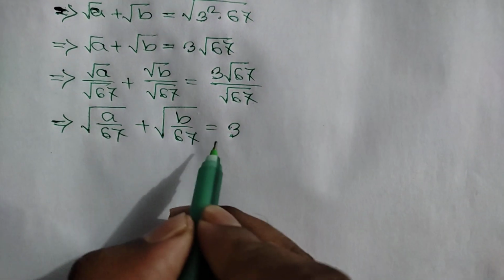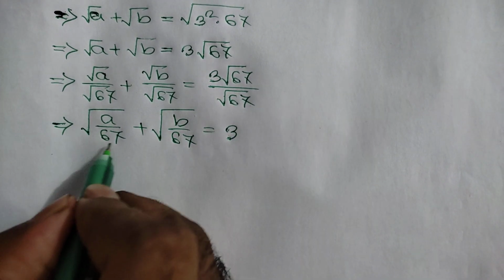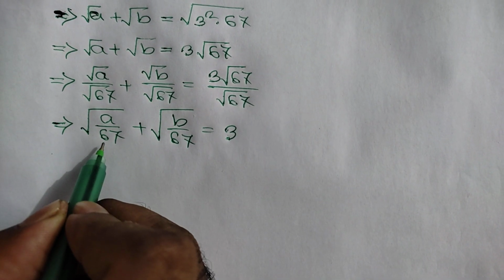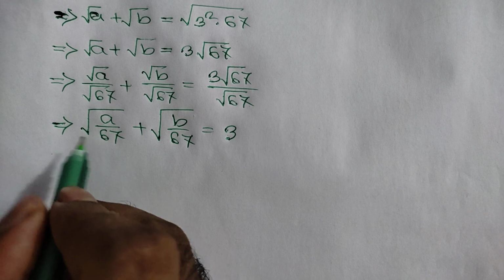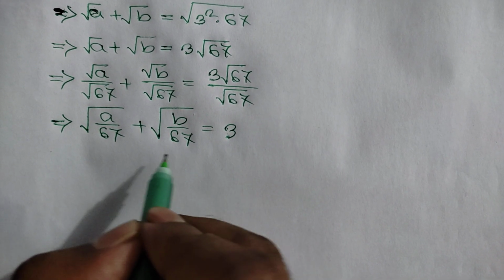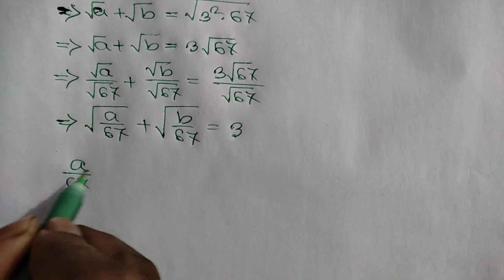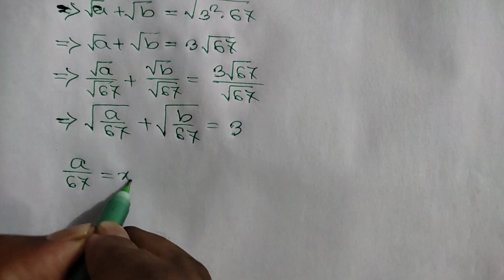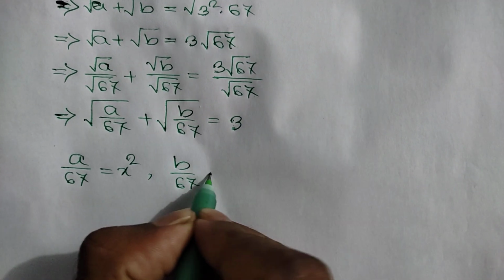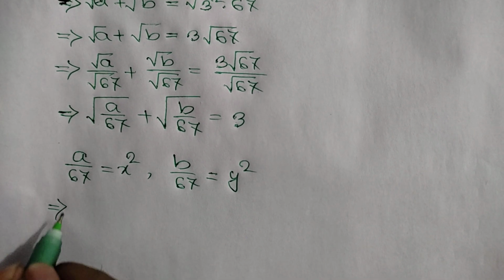Now attention here. The right side is an integer. For an integer solution, the left side will also be an integer. That's why A over 67 will be a perfect square and B over 67 will also be a perfect square. So consider A over 67 is equal to x square and B over 67 is equal to y square.